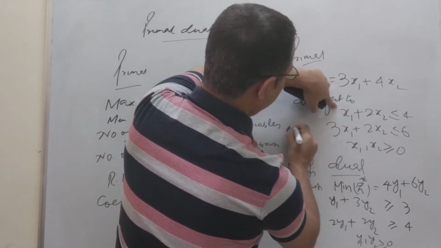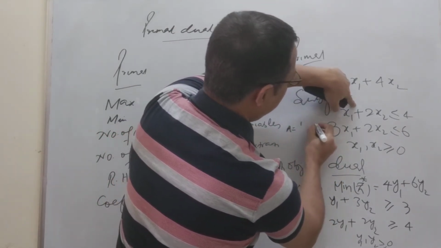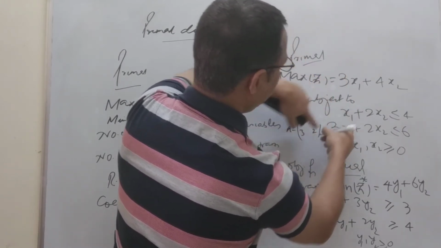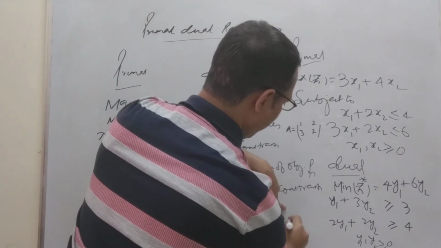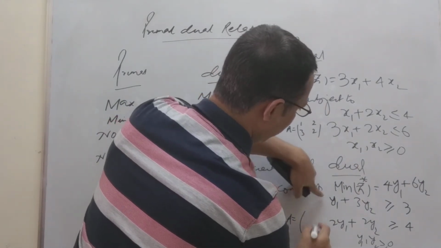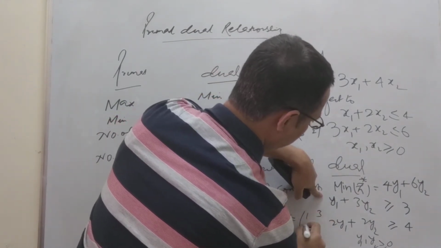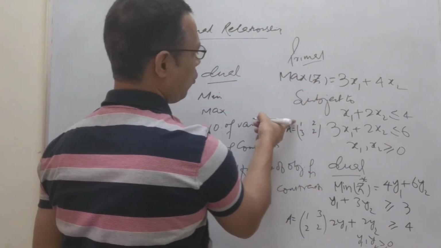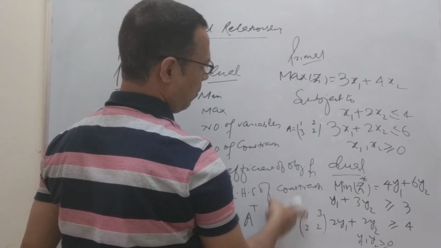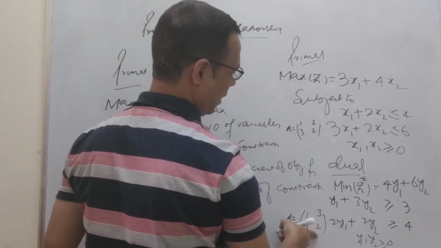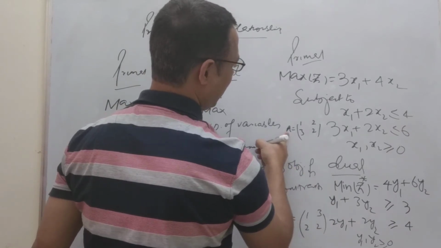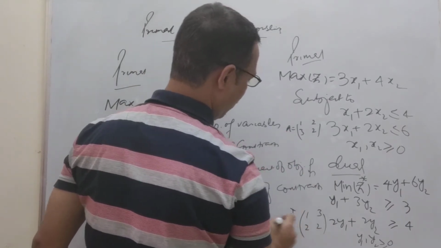A is equal to 1, 2, 3, 2. This is the matrix for A. What is the matrix for the dual? 1, 3, 2, 2. If you compare, row 1 becomes the first column, and row 2 (3, 2) becomes the second column. First row, first column; second row, second column. It means this A matrix has changed into the form of A transpose.